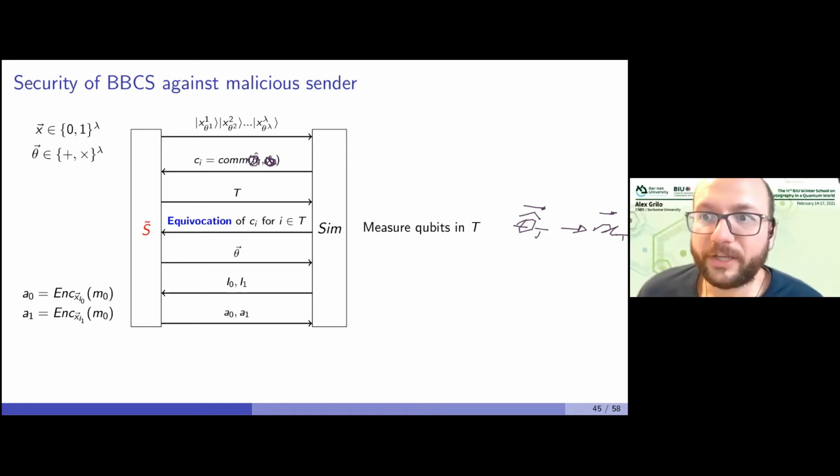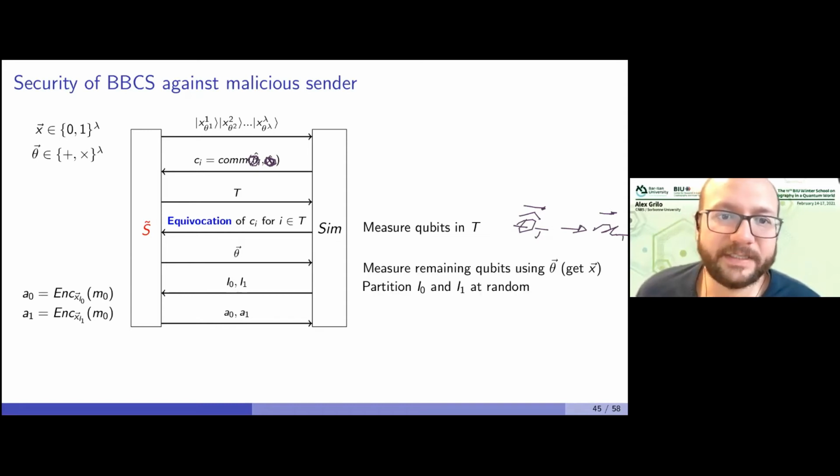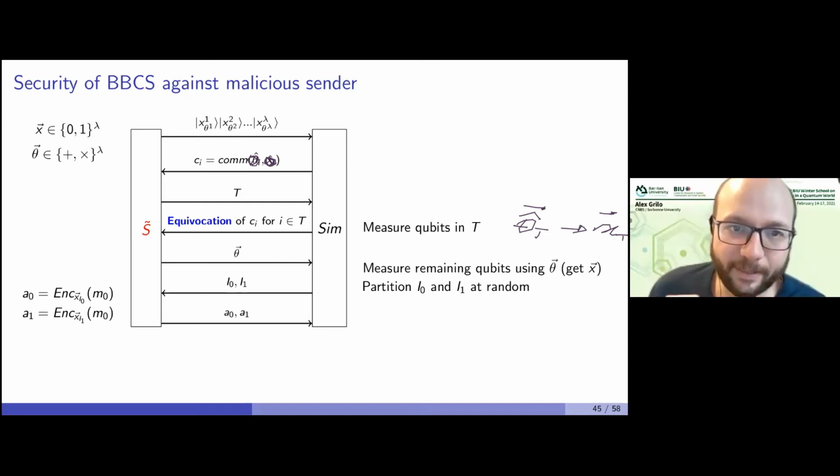Then, to measure the remaining qubits, the simulator can wait for the values of theta, and then she can actually perform the attack that I mentioned before. Once she has theta, she can measure all the remaining qubits using these bases, and therefore retrieve the right value of x.